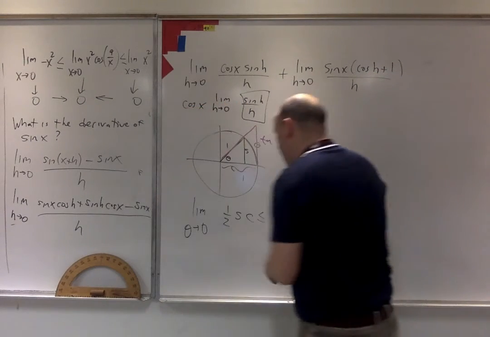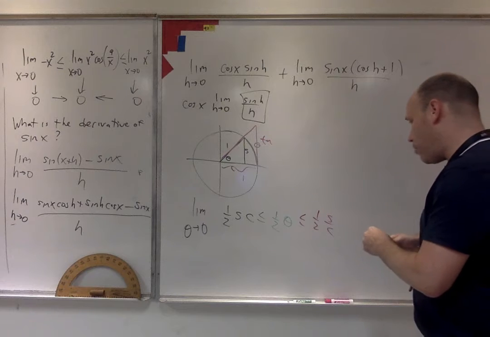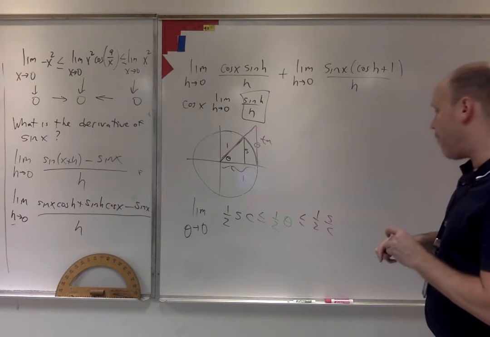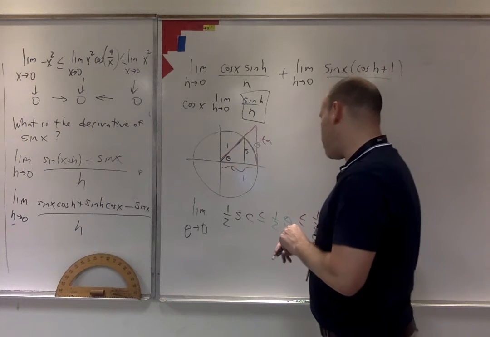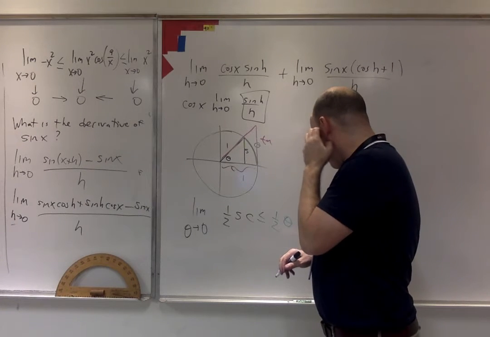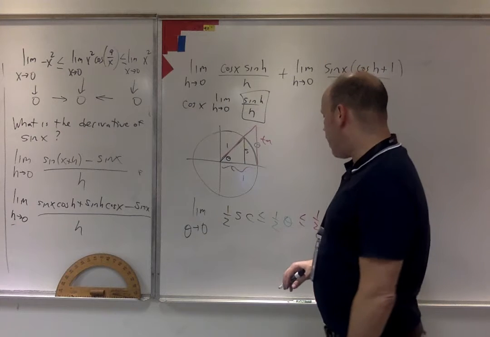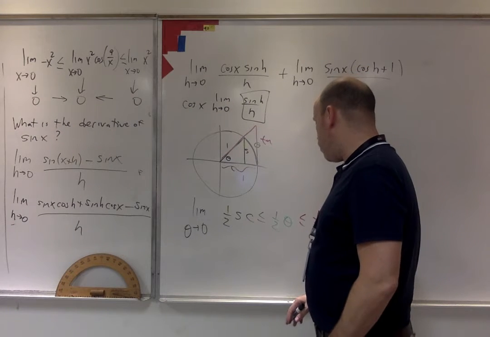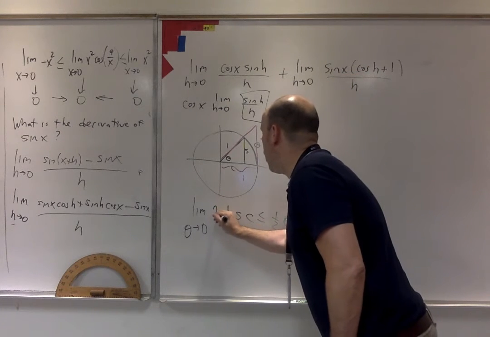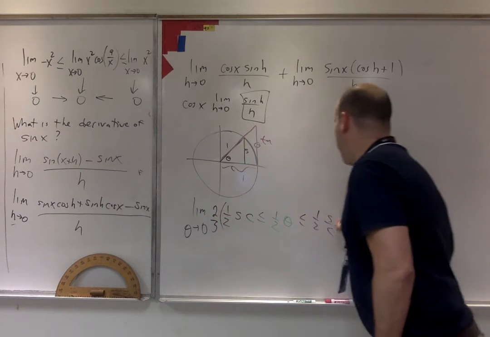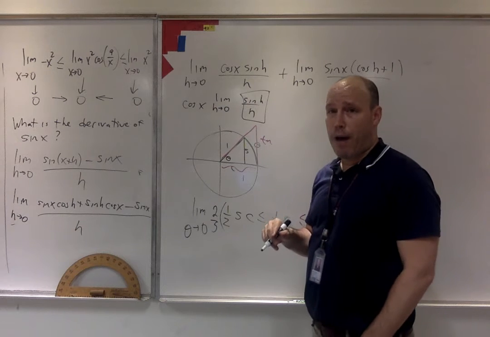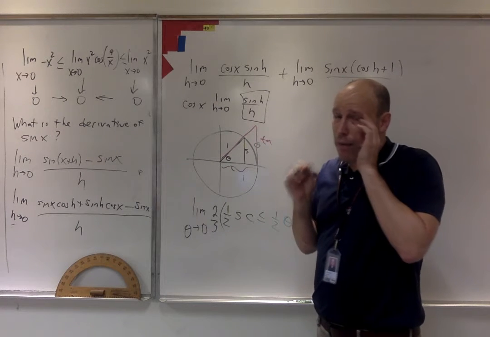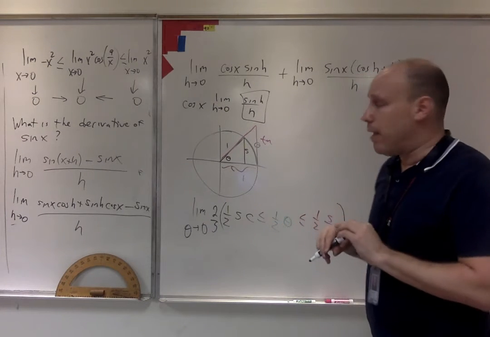Well, I have to do a little manipulation. So what I'm going to do is divide everything by sine. Let's multiply everything by 2 over sine. Because we know sine is positive, we're not going to worry about flipping the inequalities.